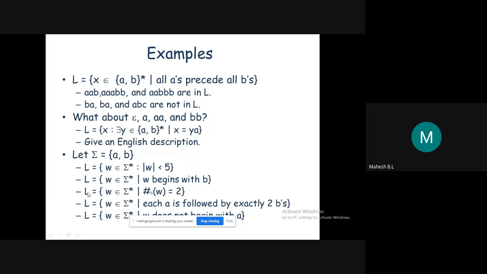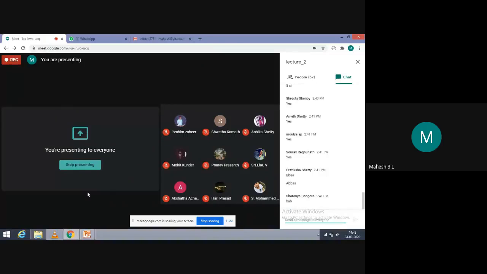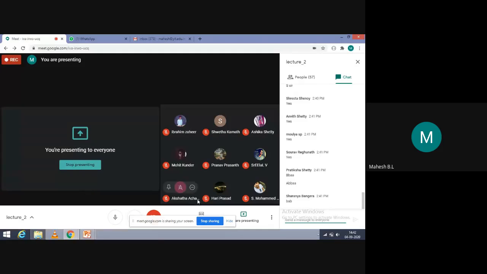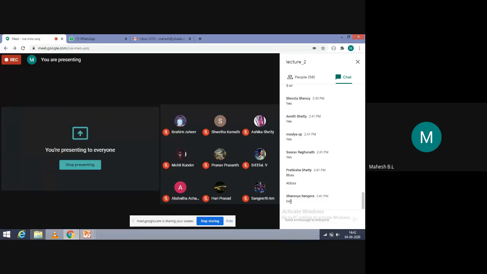Then only it belongs to L. So here in all these examples given, you have exactly two B's. They can be anywhere. So you write a string using A's and B's, and if there are only two B's, then that string belongs to the language.